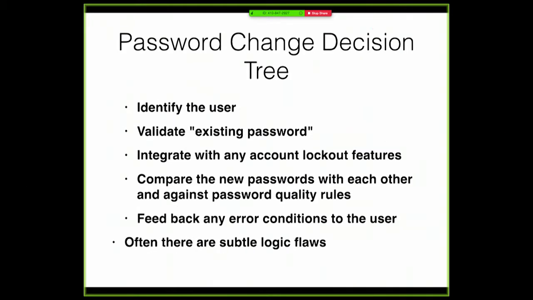So the reason this happens is because the actual decision tree that the programmer has to write is complicated. This is what you have to do. Identify the user somehow, validate the existing password, consider if it's time to lock out the user, then compare the new passwords with each other and against password quality rules, then feed back error conditions to the user, and it is very often the case that some part of this is not done correctly, or in the right order, or wisely.